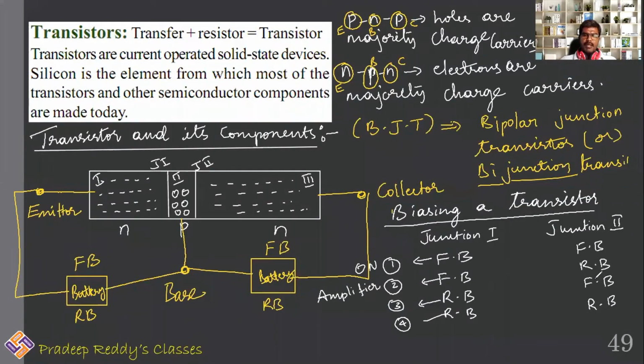First junction reverse bias and second junction forward bias, we consider it as an attenuator. Attenuator is exactly the reverse of an amplifier. First junction reverse bias and second junction reverse bias is said to be the off condition. So these 4 biasings can be done for a junction transistor.